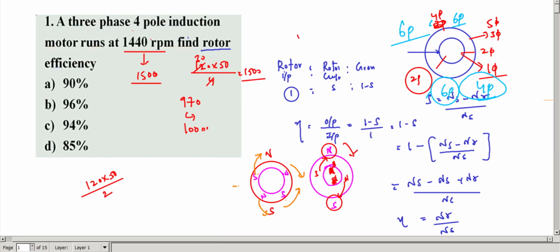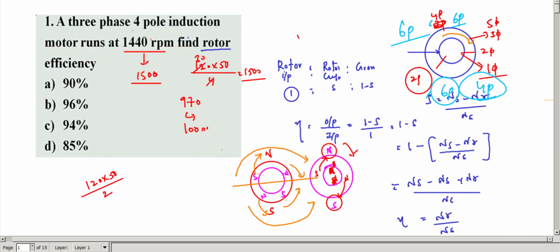You can see here half of the rotation is forward and remaining half of rotation is reverse. You are not getting unidirectional torque. Unidirectional torque means the rotor should be rotated in one direction. So from this the point is that stator poles and rotor poles must be equal and even.